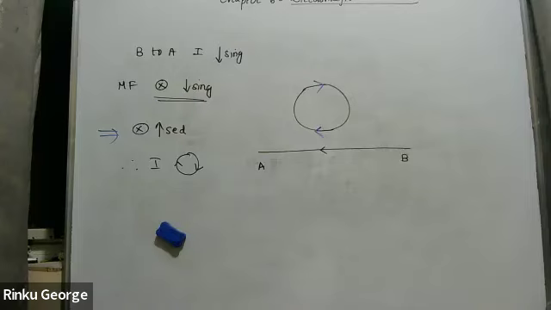So the loop tries to increase the current.